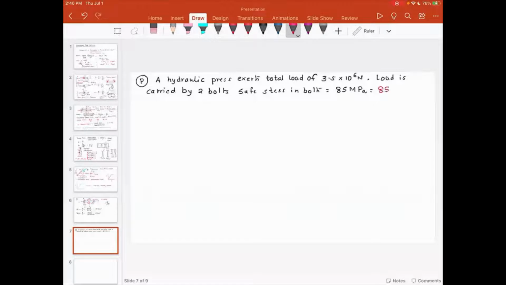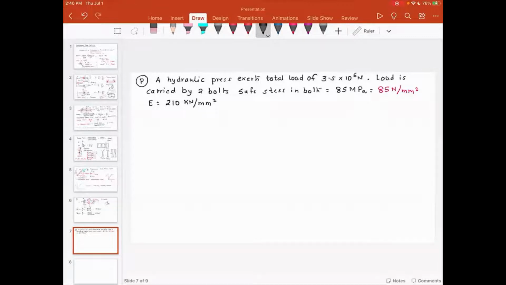So 85 Newton per millimeter square. And the Young's modulus, which is the value of E, is 210 kilonewton per millimeter square.